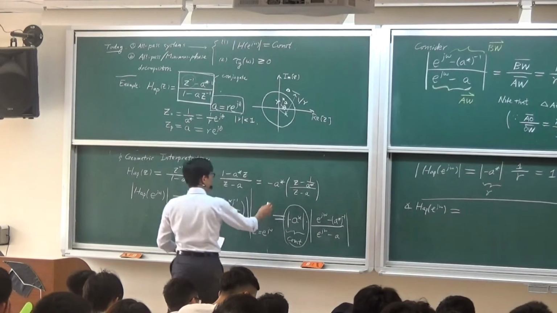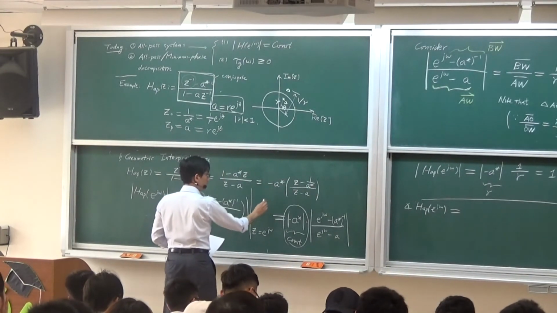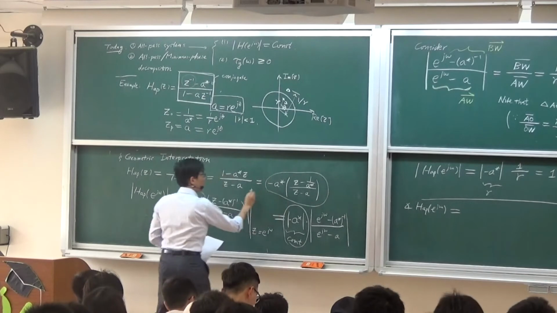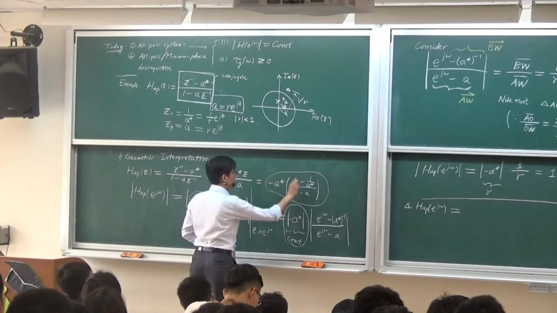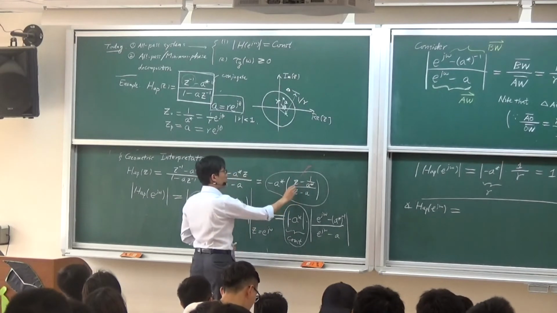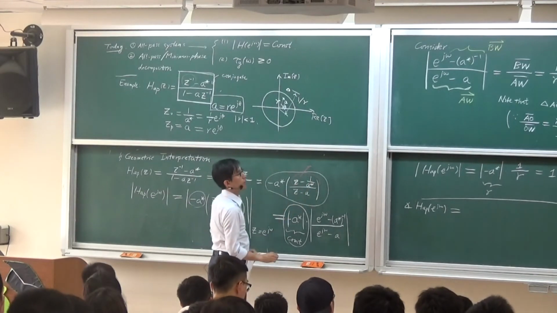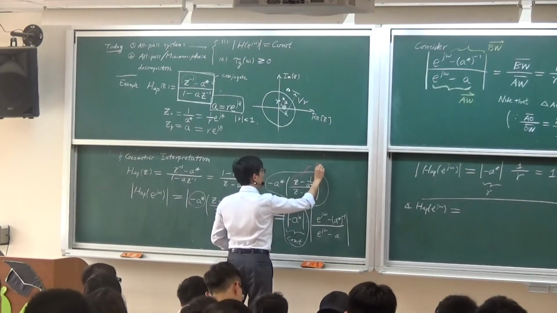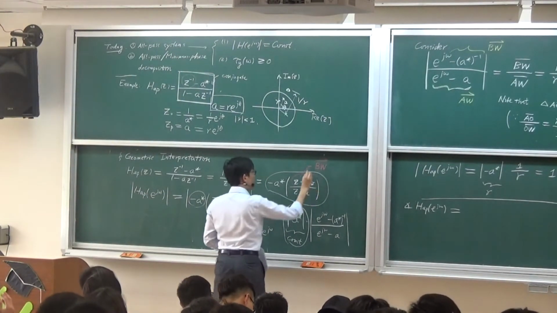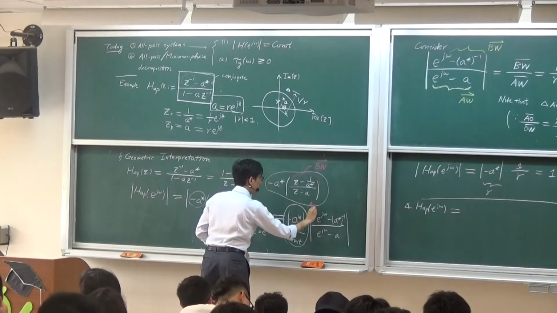Still I'm going to use this notation. I hope that I have convinced you that this thing here is the vector on top, vector BW, and at the bottom we have vector AW.